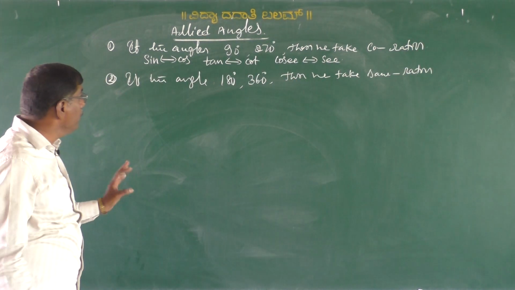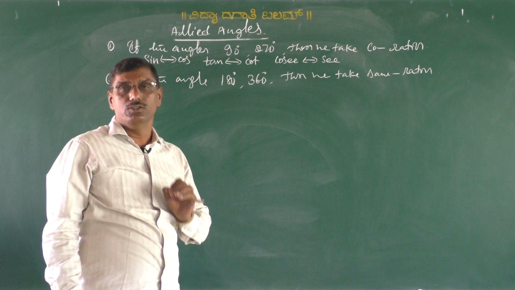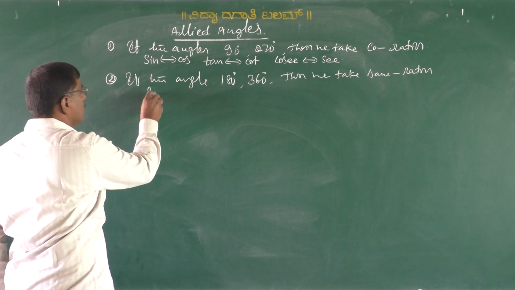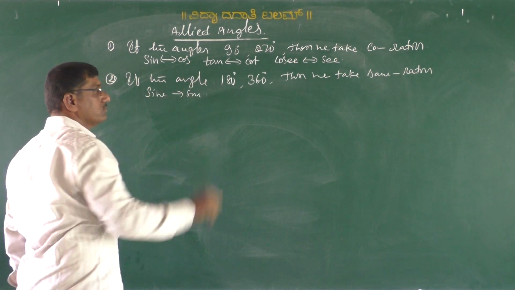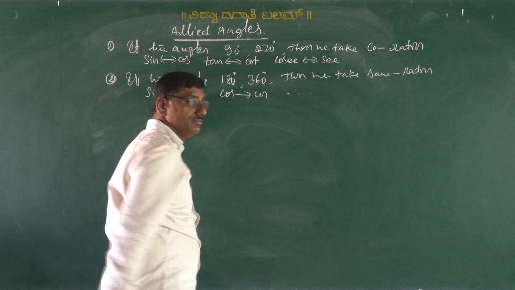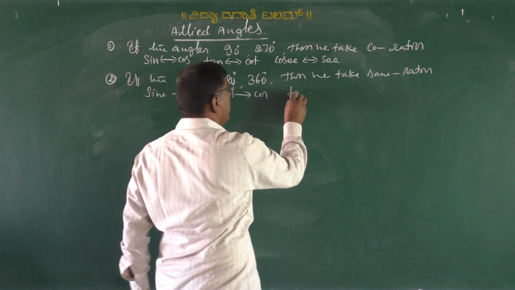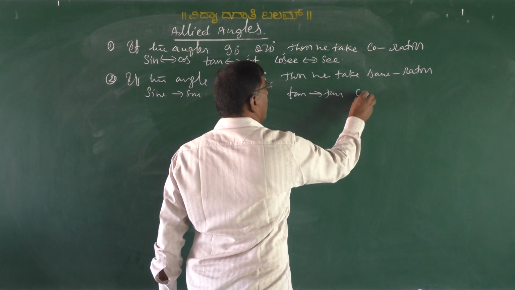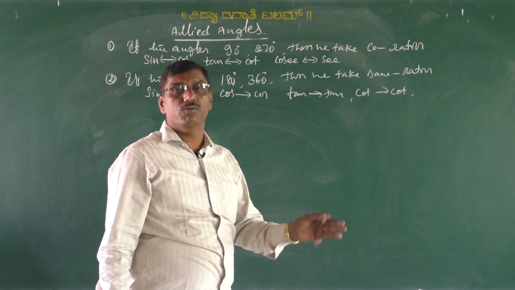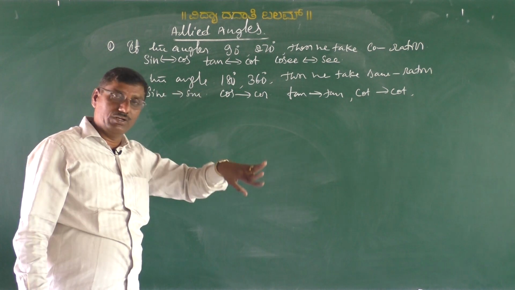That means for sine, sine; for cos, cos; for tan, tan; for cot, cot; for cosecant, cosecant; and for secant, secant. This is about expressing the trigonometric functions.